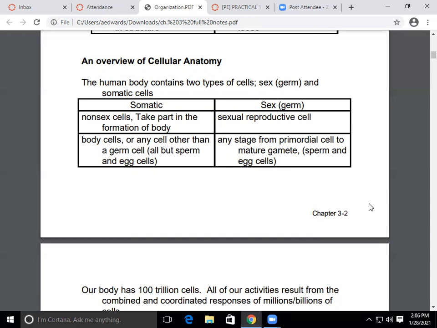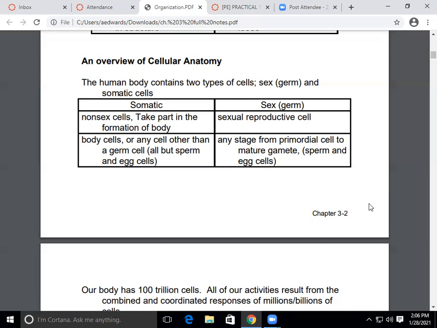Pretty much any cell that is not a germ cell is a somatic cell. And germ cell or sex cell is a fancy way of saying eggs and sperm, okay? So our sex cells or germ cells are reproductive cells, okay? So involved in sexual reproduction.